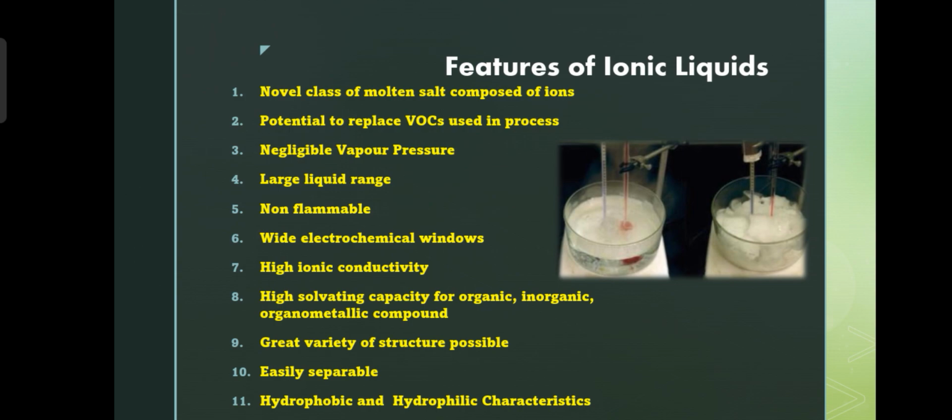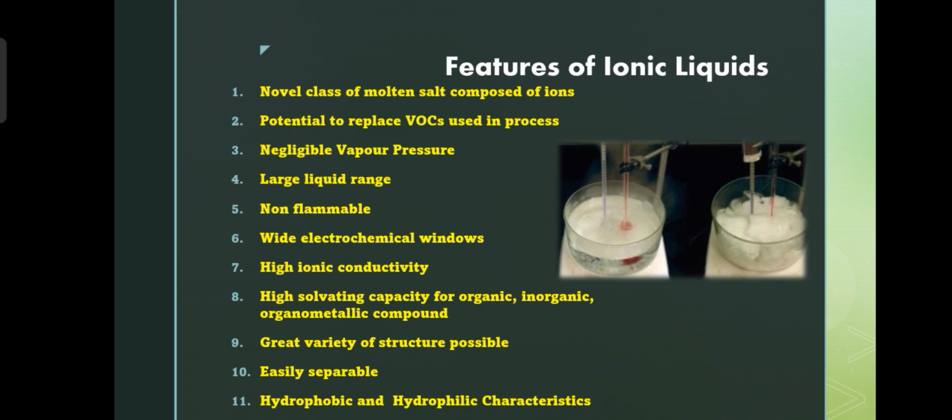And here are the key features of the ionic liquids. These are basically non-volatile with negligible vapor pressures, a noble class of molten salt composed of ions. Many things are there, and these are easily separable.